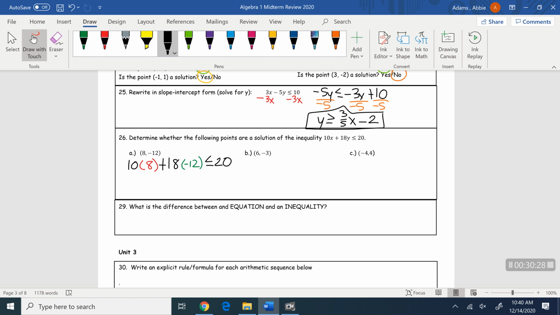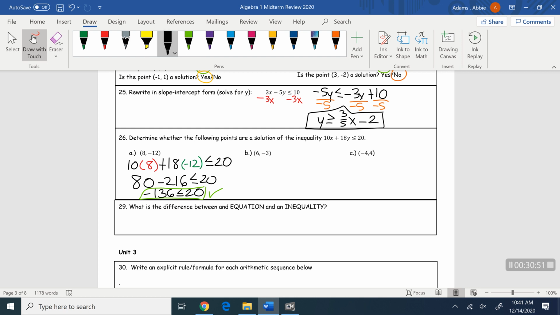So when you use your calculator, you're going to have 80 minus 216 is less than or equal to 20. So that means negative 136 is less than or equal to 20, which is a true solution because negative 136 is a lot less than 20.